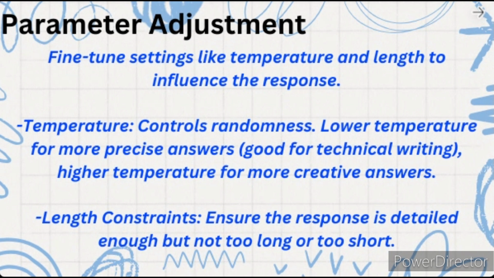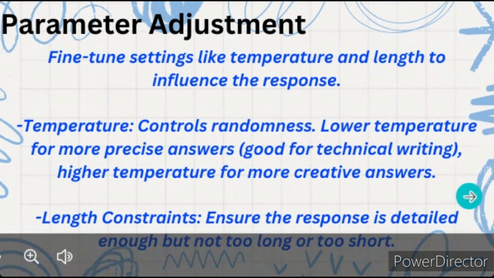Well, temperature in this case controls randomness. You want a lower temperature for more precise answers, which is good for technical writing, or a higher temperature for more creative answers. Length constraints, I think many of you know what it means, but for those who don't, it means ensuring the response is detailed enough but not too long or too short.